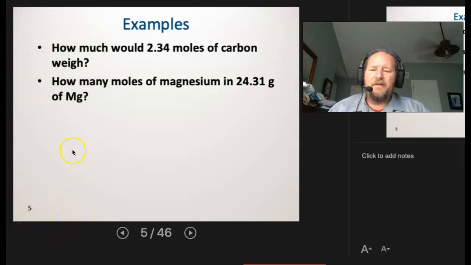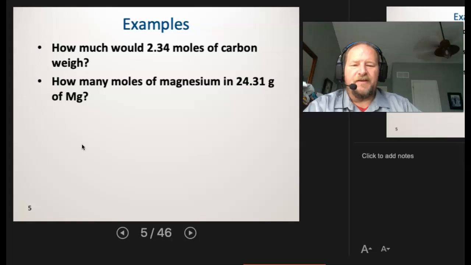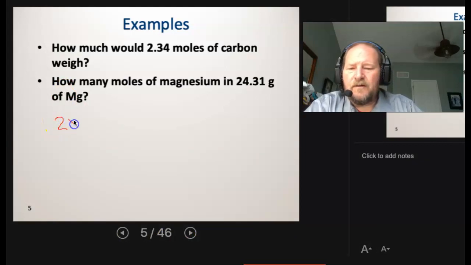All right, well, how many moles of magnesium are in 24.31 grams of magnesium? Again, we'll set it up using the number they've given us. So we have 24.31 grams.